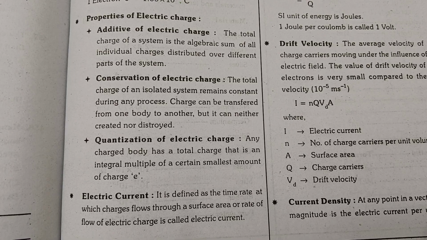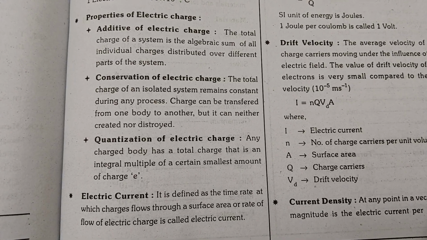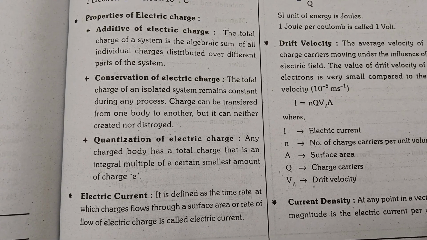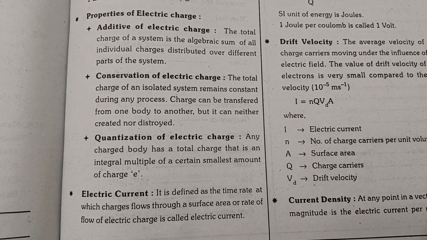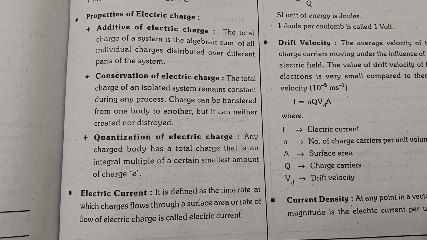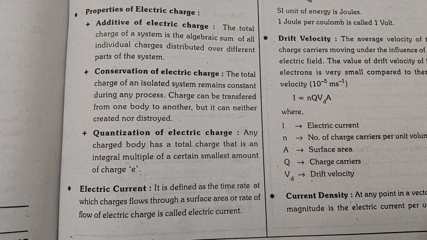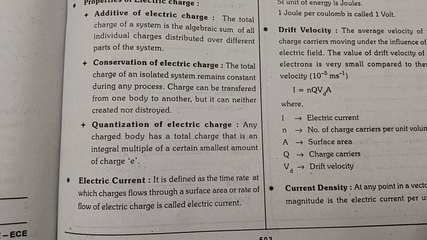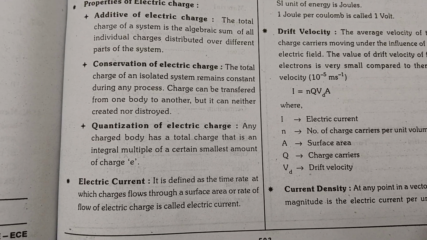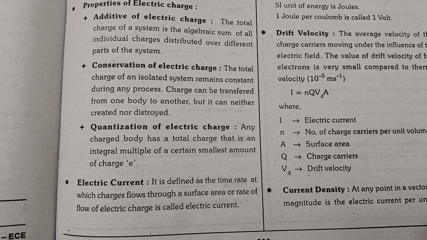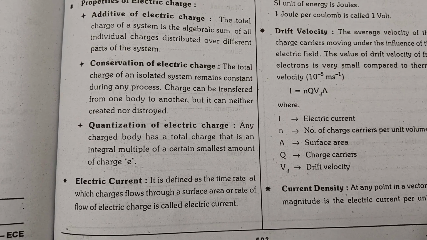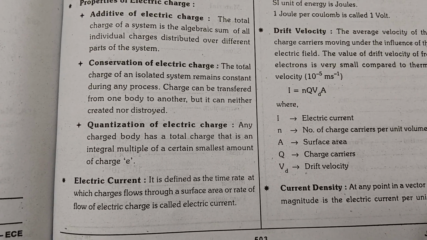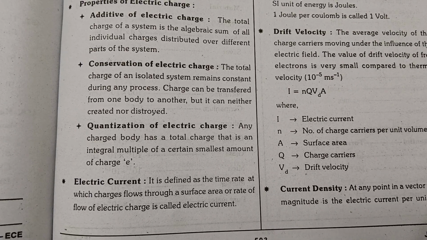Charge can be transferred from one body to another, but it can neither be created nor destroyed. Quantization of electric charge: any charged body has a total charge that is an integral multiple of a certain smallest amount of charge e.